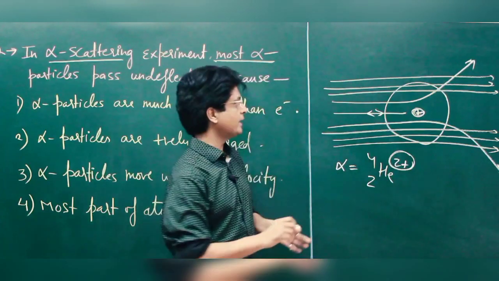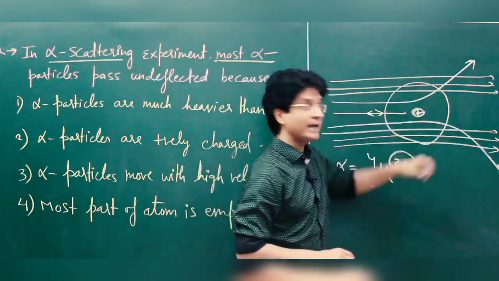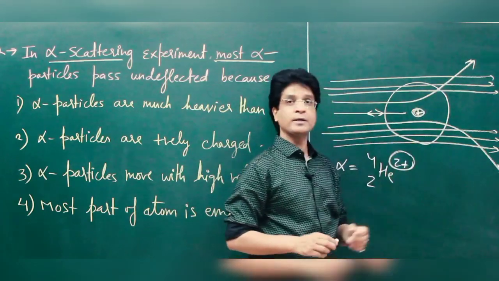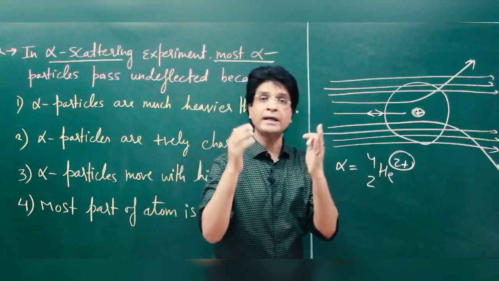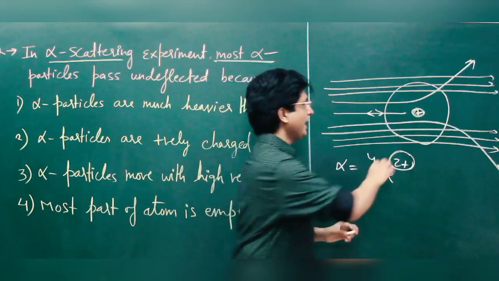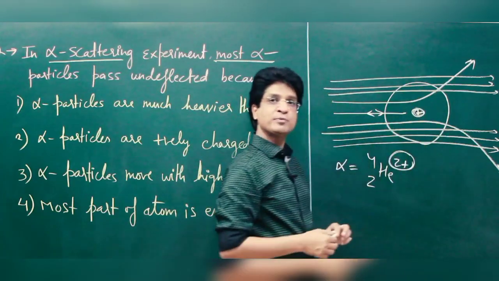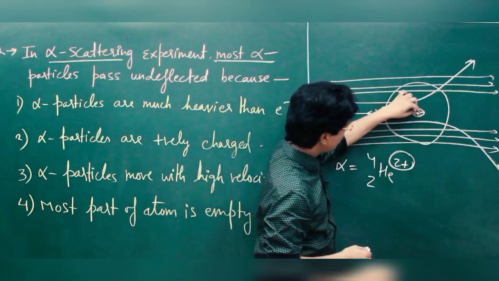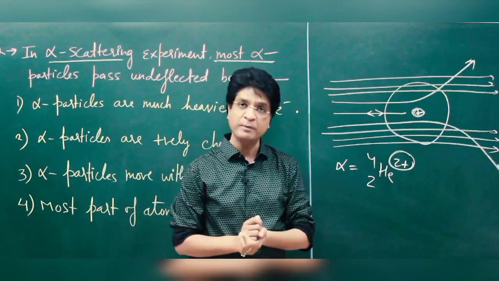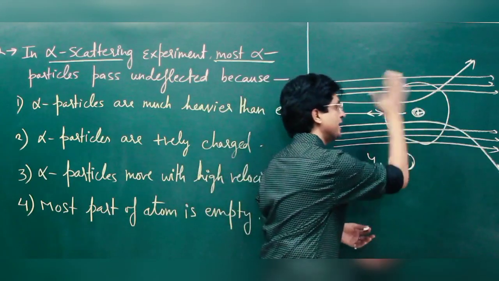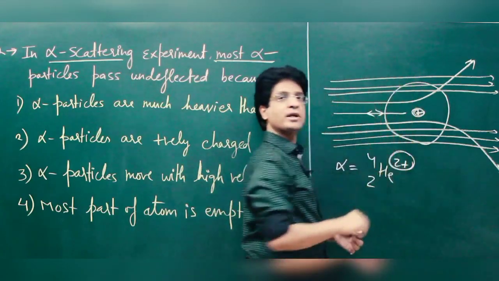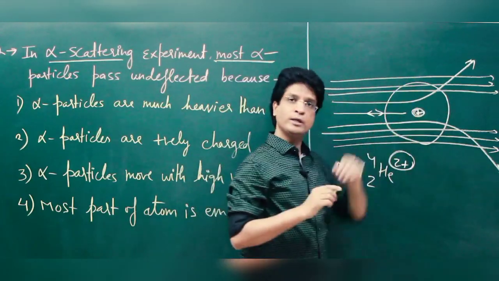Why? The reason is that the size of the atom, I told you that the radius of an atom is almost 1 lakh times more than the radius of the nucleus. And in this extra nuclear space, any space apart from the nucleus is called extra nuclear space, and according to Rutherford's experiment, electrons couldn't reside inside the nucleus, so they were supposed to reside in extra nuclear space, outside the nucleus.